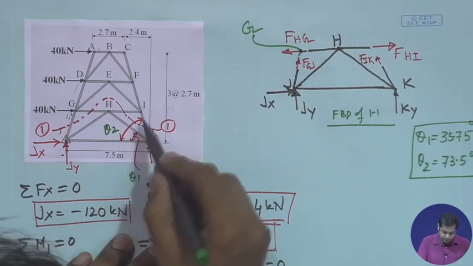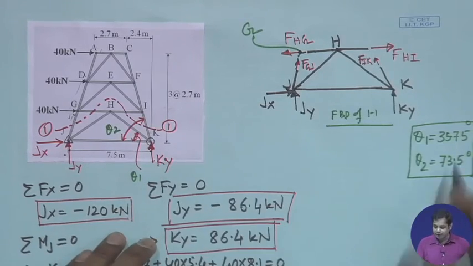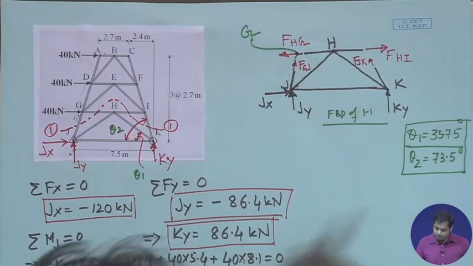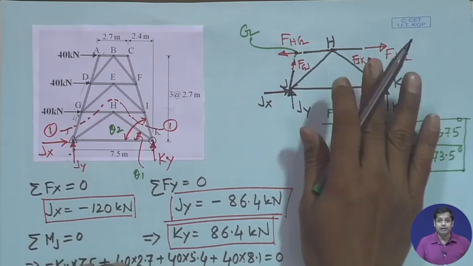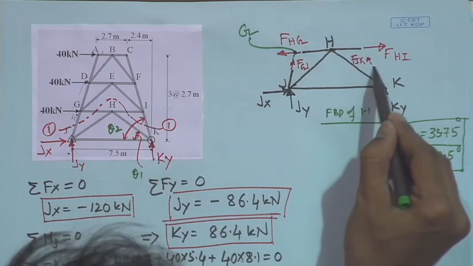Just apply simple trigonometry on this, because all these dimensions are given. These angles are required because once we take the summation of forces in a particular direction, we have to take the components. Now, we need to determine the force in member IK.